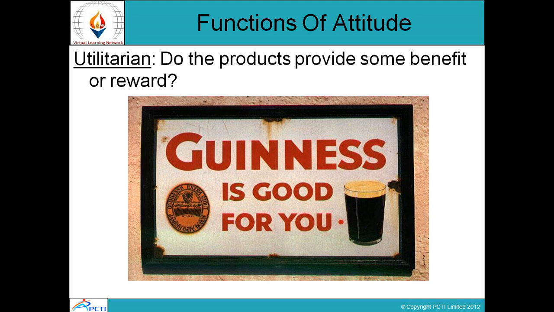If I'm buying, say for example, a pen of a particular brand, what is the benefit I would get from it? What is the utility? So this attitude function, the utilitarian function, serves the consumer in achieving desired benefit.